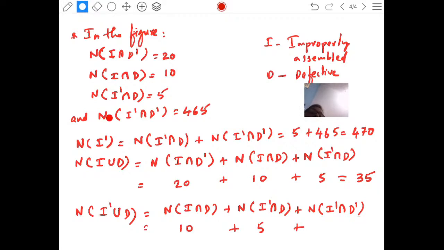That is available, n of I complement intersection D complement is equal to 465. So 10 plus 5 plus 465, which is equal to 480.